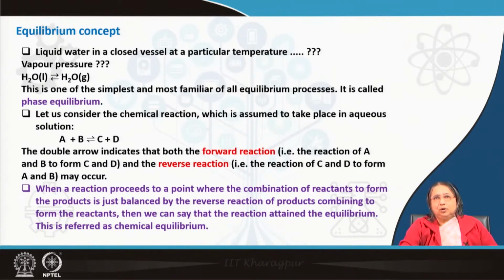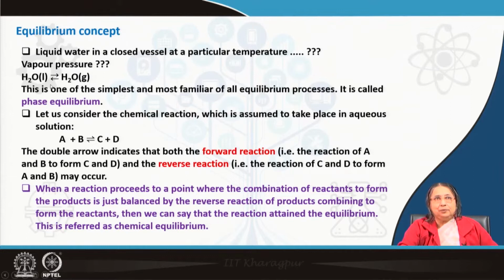What is the equilibrium concept? The most simple equilibrium is the equilibrium of water as liquid and water as gas. That means if you take some water, that liquid water, in a closed vessel, and if you keep it for some time and you allow the phase transfer to go on at a certain temperature, then after some time the equilibrium will be reached.